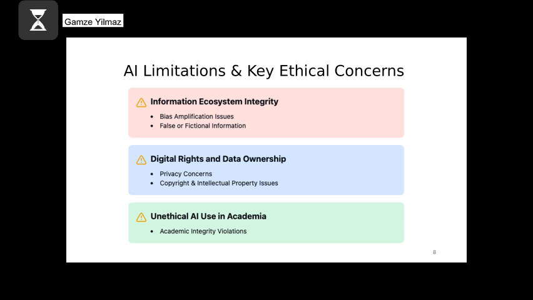Finally, an issue very relevant to our audience, right? To you guys: unethical use of AI in academia. Unfortunately, while AI offers many opportunities for students to learn and to grow, it also can be used as a crutch to complete all the assignments, essays, projects, which leads to academic integrity violations.